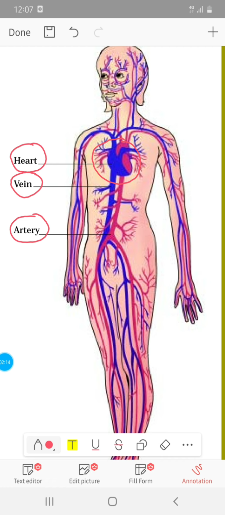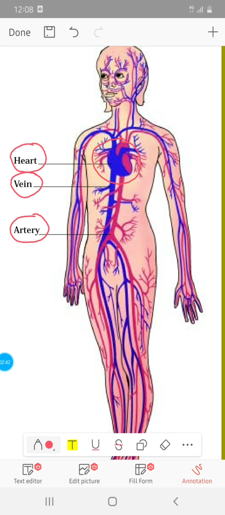So hemoglobin is present in the red blood cell and it combines with oxygen and helps to carry oxygen to the cells. It will be difficult to provide oxygen efficiently to all the cells of the body without hemoglobin.